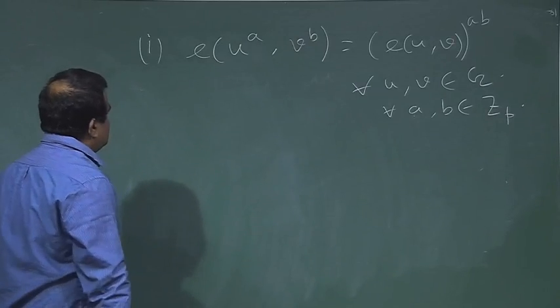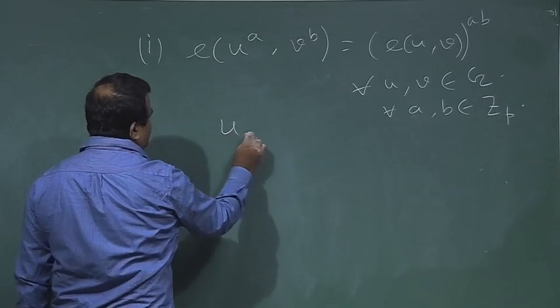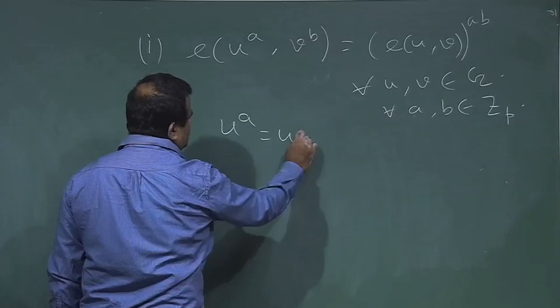Let us understand this. u^a means u operated a times.